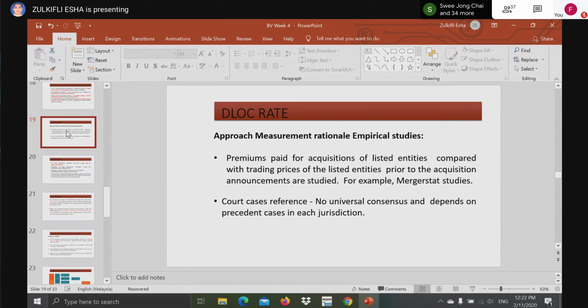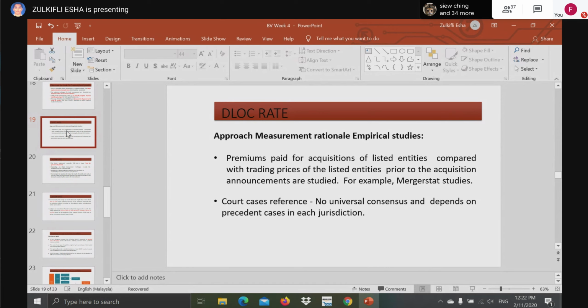As you are all aware, for a public limited company, normally the major shareholders will be appointed as the board of directors. So as a board of directors, you are involved in the decision making of the companies. So if you are valuing the board of directors' or major shareholders' interest, there will be no DLOC involved in the valuation. But if you are valuing the minority shareholders' interest, then of course you need to consider discount for lack of control.